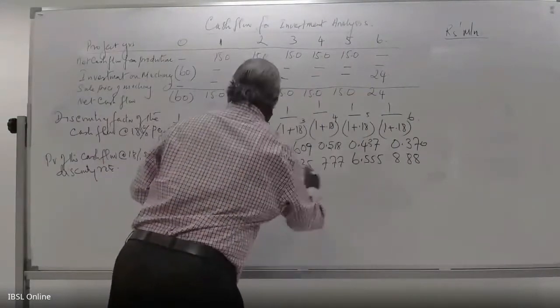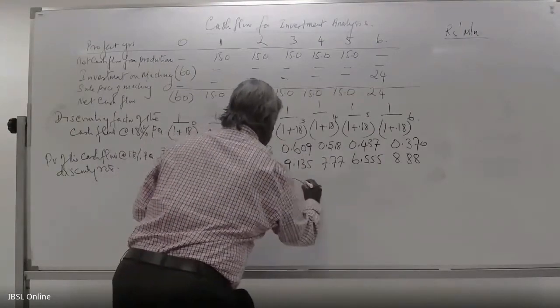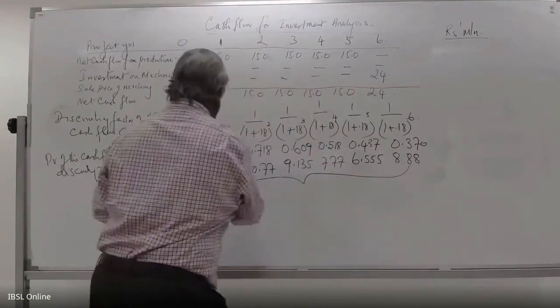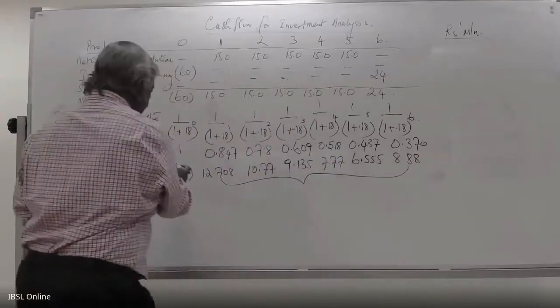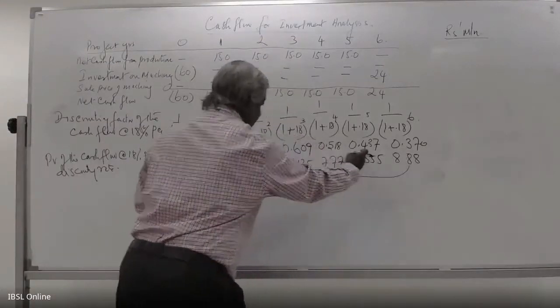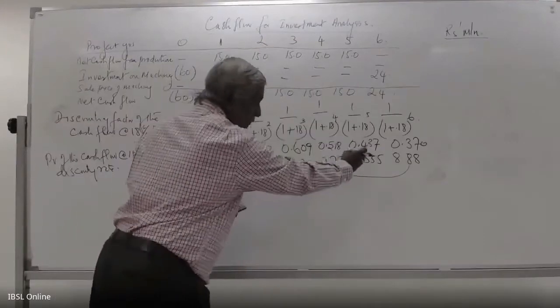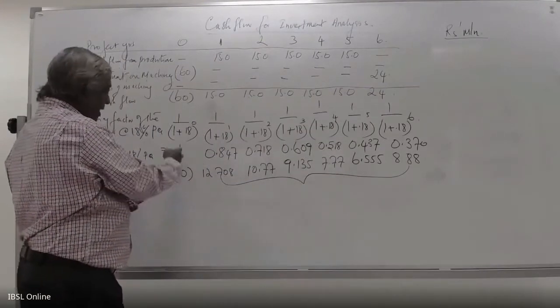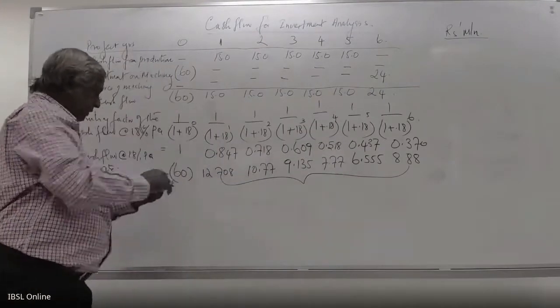Now we add all these things and see. These are positive values. This is the negative value. This is the outflow. All these are inflows in the present value. This one is the outflow. Right.